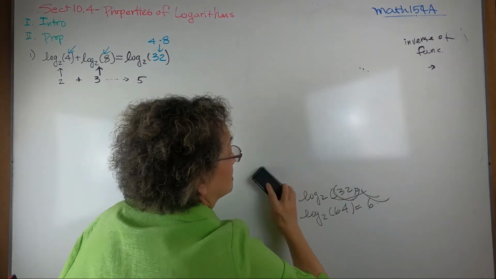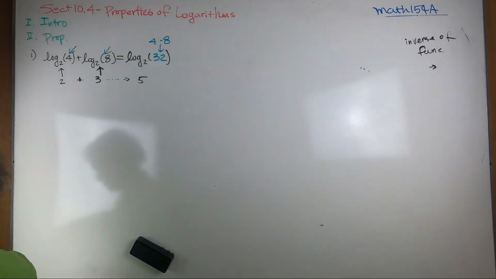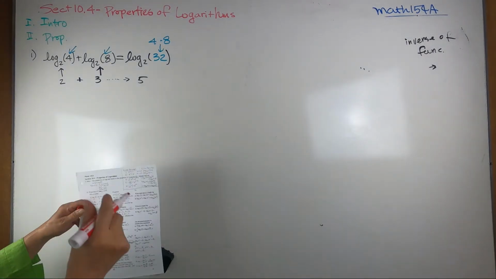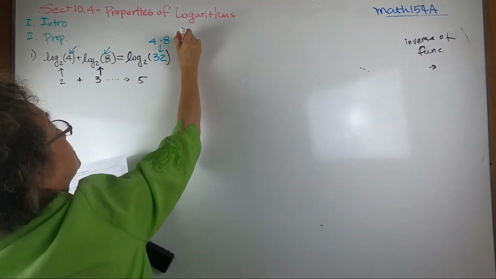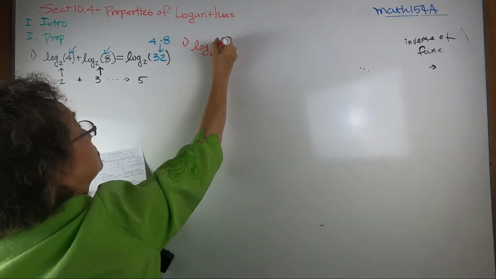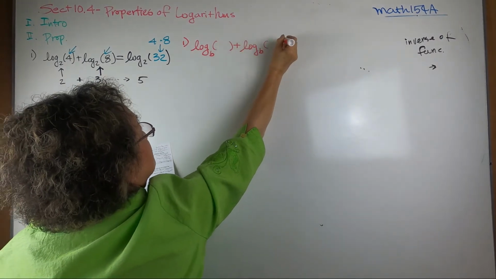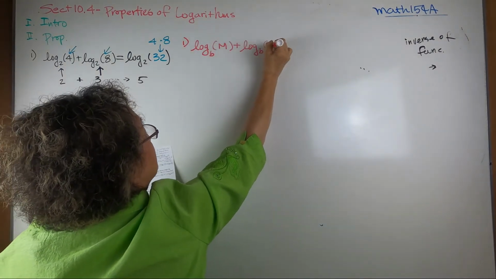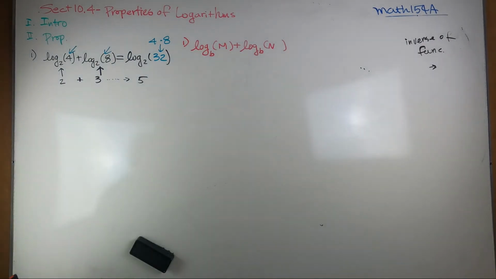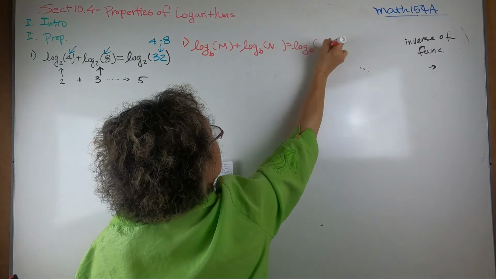So, what's the property we are going to talk about? The first property is if I have the same base, and I have something inside, one is m, one is n, then I end up with the same base.